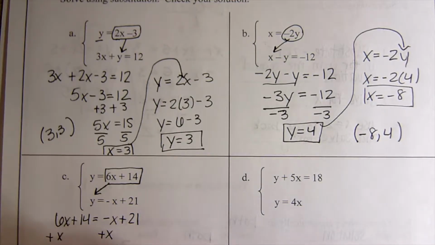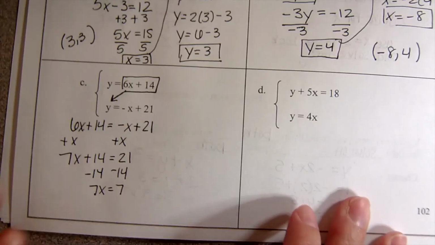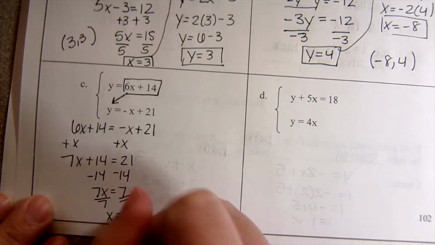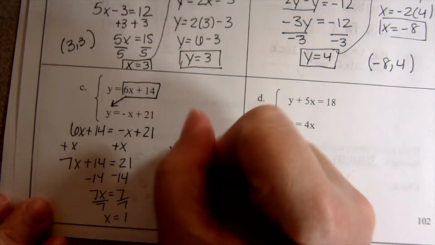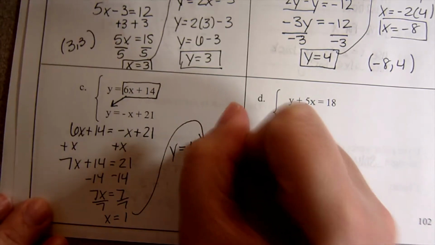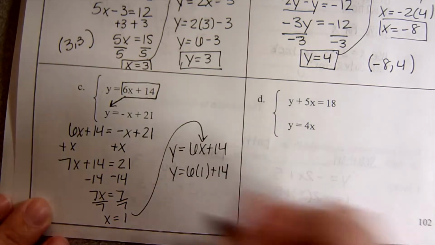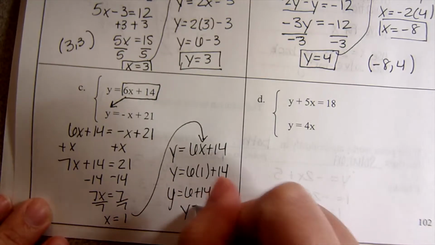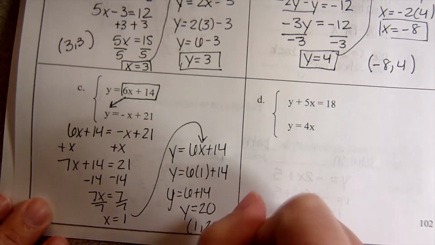So 7x equals 7. And then divide both sides by 7. So x equals 1. Plug that back in to either equation. So y equals 6 times 1 plus 14. So y equals 6 plus 14, which is 20. What is my solution? 1, 20.